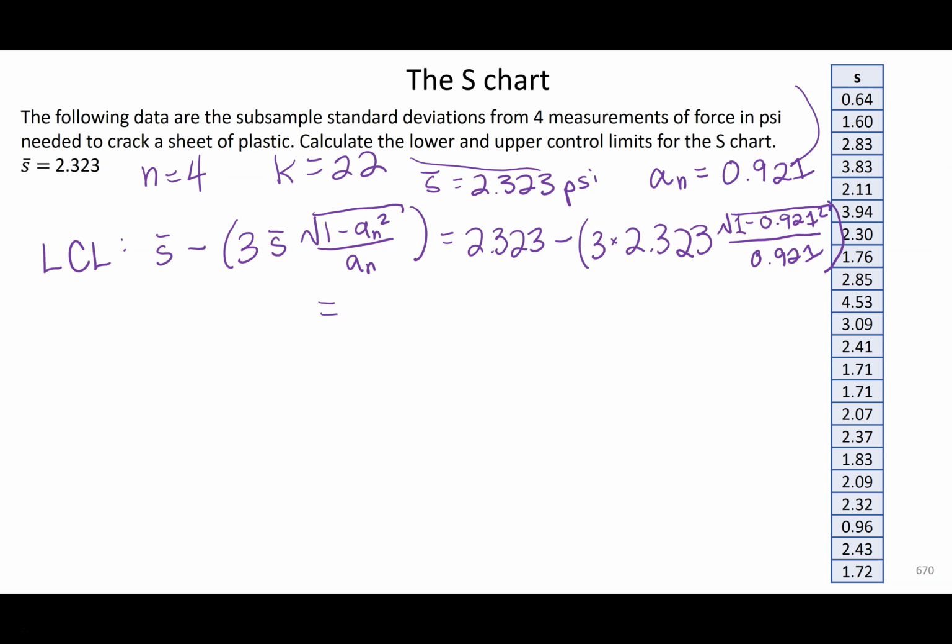I end up getting negative 0.625 for my lower control limit. But remember, this is for standard deviation. Standard deviations can't be negative, so we are going to use lower control limit equal to 0, technically PSI.